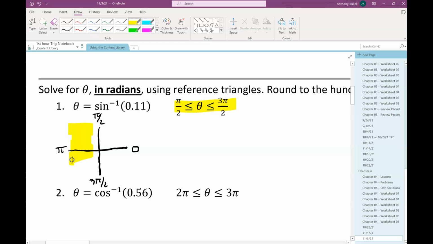So we're talking about quadrants 2 and 3, in between pi over 2 and 3 pi over 2. Do all silly turtles crawl. I'm looking for where sine is positive. That tells me quadrant 2 is the place. So there's my theta. Notice I'm going counterclockwise because I know theta is positive.